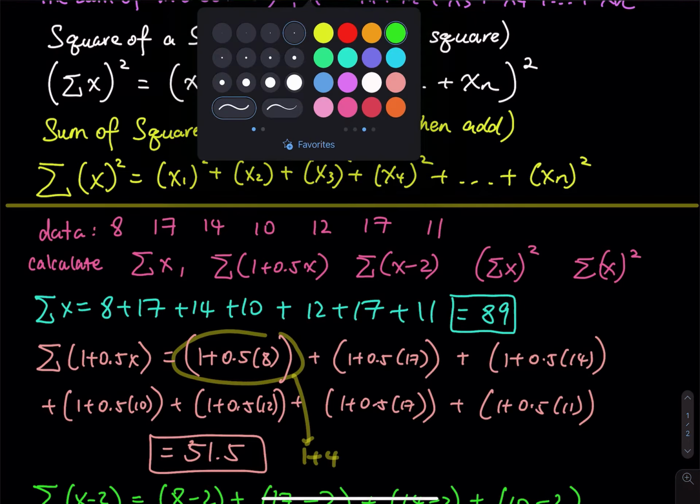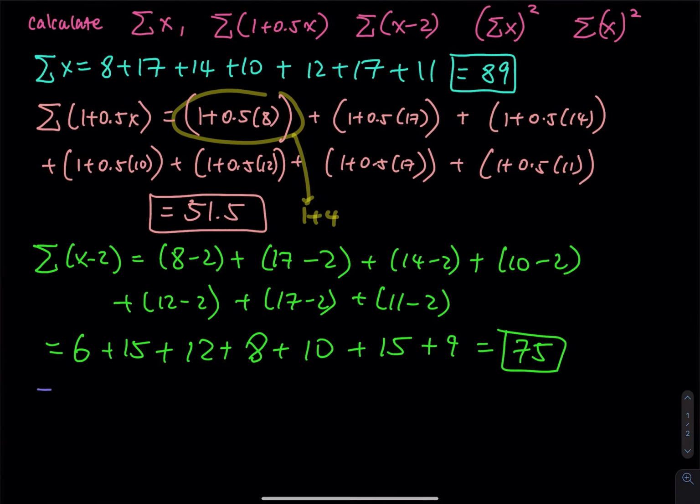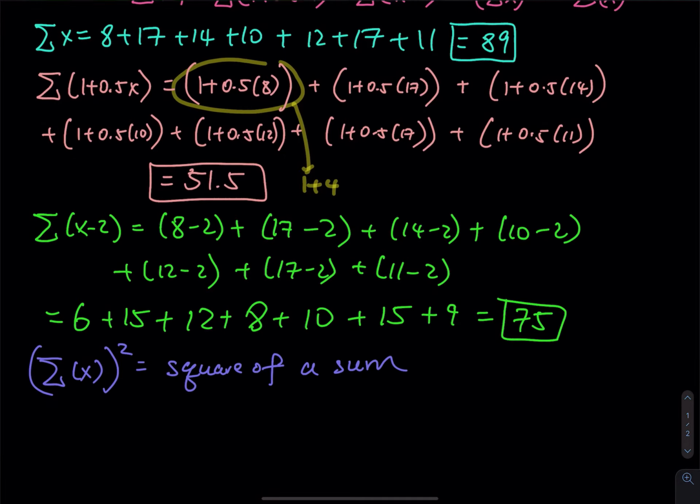So let's do the next one. The next one, we pick a different color. So this is a sum of x, and then you square the big sum. So this is the square of a sum. Okay, let's do the computation.